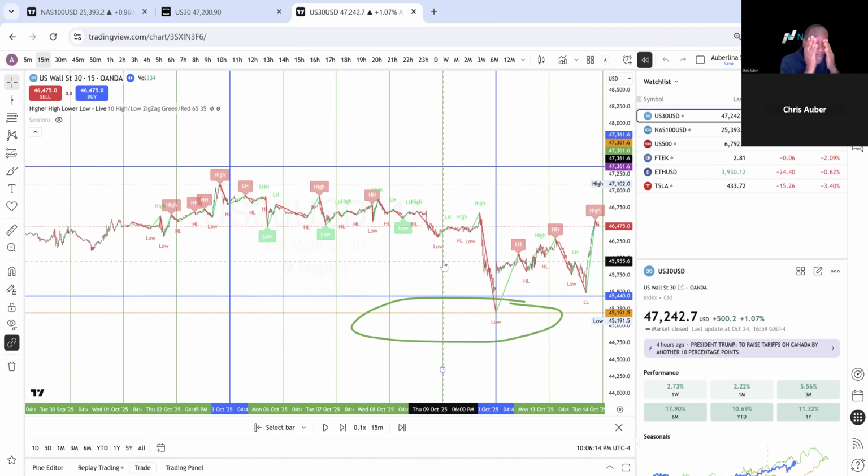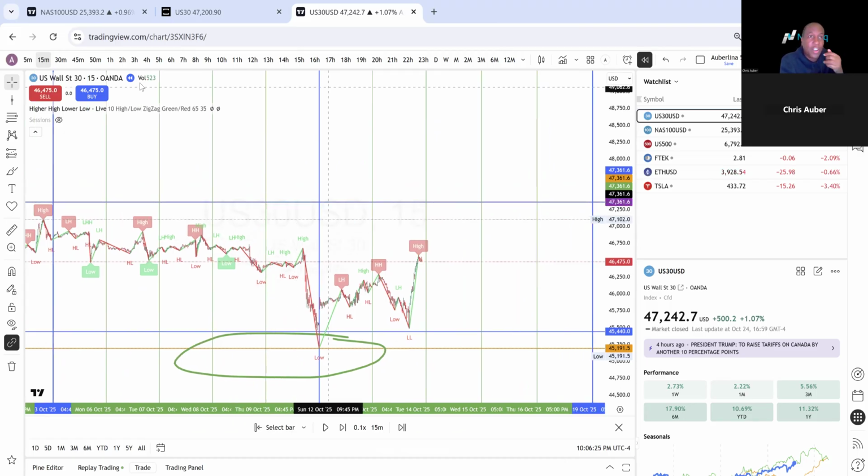So if you're only focusing on your 15-minute or your half-hour time frames, you'll be like, oh my goodness, this market is actually bearish. This market is definitely bearish because it's going down. Okay. However, like I said, just zoom out and look at your larger time frame.